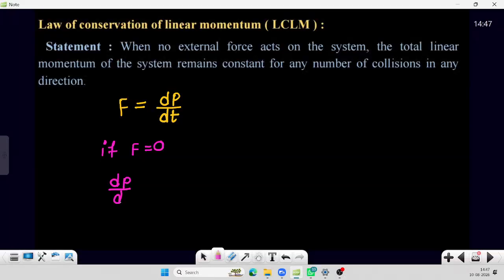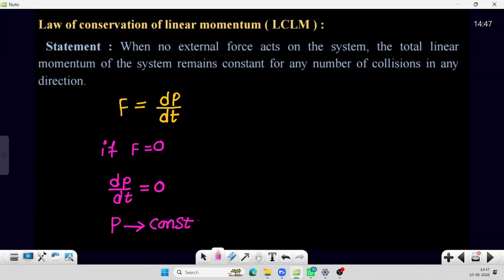That is, dP by dt must be equal to 0. The derivative of a constant is 0. That means the derivative being 0, I can say that P must be a constant. P is constant.